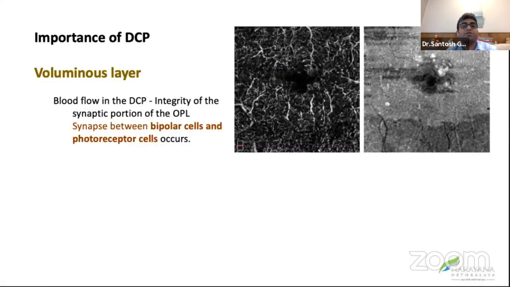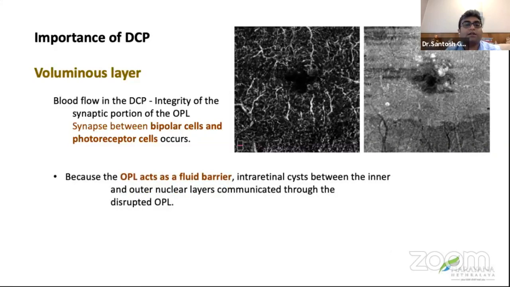So coming to the importance of DCP, now we know that DCP is extremely important for the macular edema as such, because more aneurysms are there, and it is a voluminous layer, 60 microns. The blood flow in DCP is extremely important because there is a synapse of bipolar cells and photoreceptor cells that happens here, and because OPL acts as a fluid barrier, the intraretinal cysts which are present in the inner and outer nuclear layer are kept at bay.